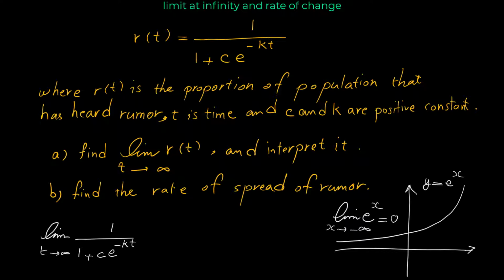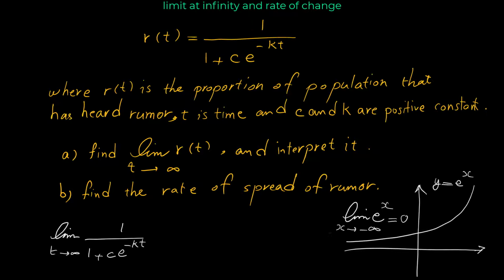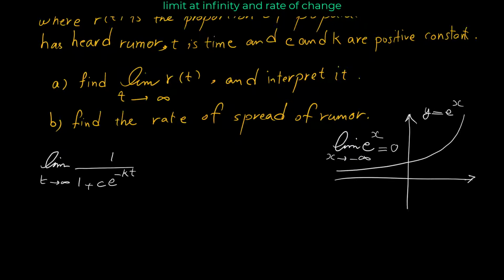Now look at this question. We want to find the limit of 1 over 1 plus c e to the negative kt when t approaches infinity. When t goes to infinity, the exponent of the exponential function, the expression negative kt, approaches negative infinity. Attention, k is a positive constant. K times t when t goes to infinity approaches infinity, but we have a negative, so negative kt approaches negative infinity.